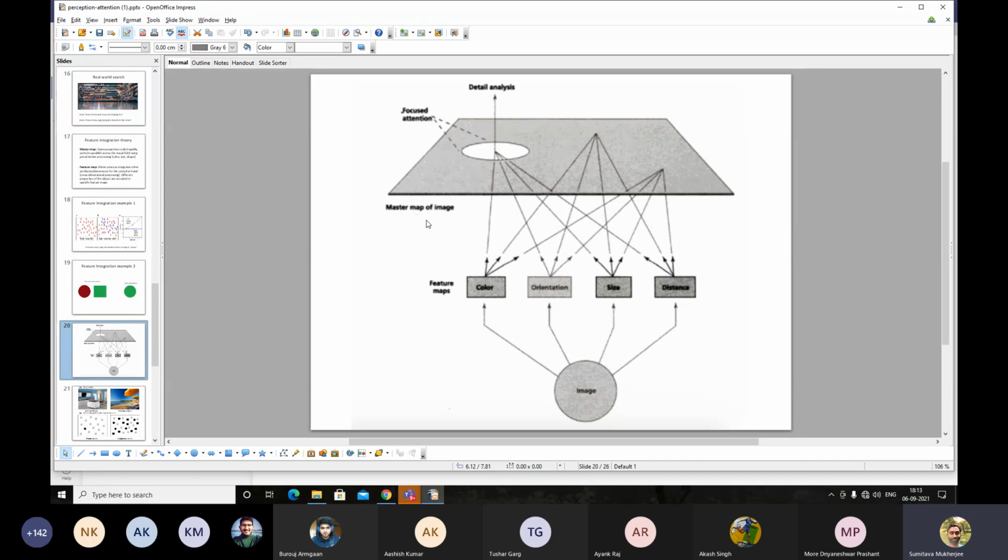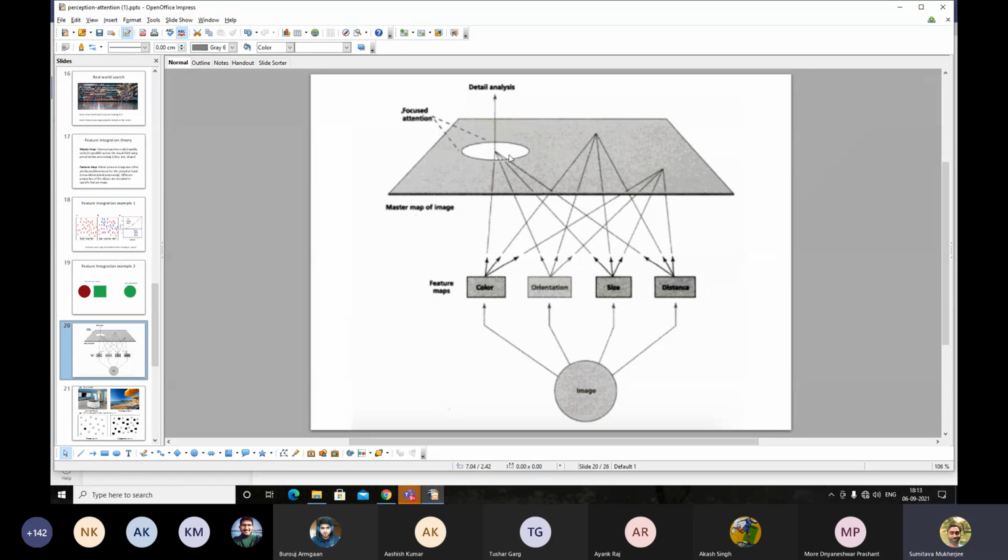Now, if you look at it from the world's perspective, so the world is out there, you focus attention, so you select a sub part of the world. From there, you have multiple feature maps, based on what property is being coded for, and then eventually you have an image.